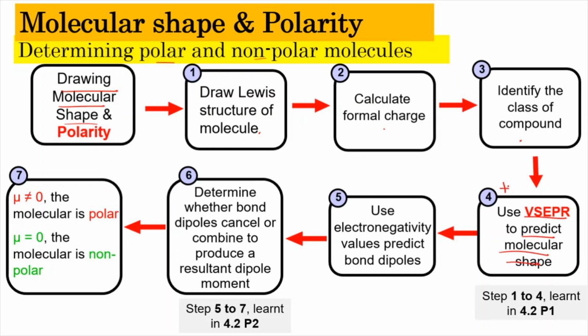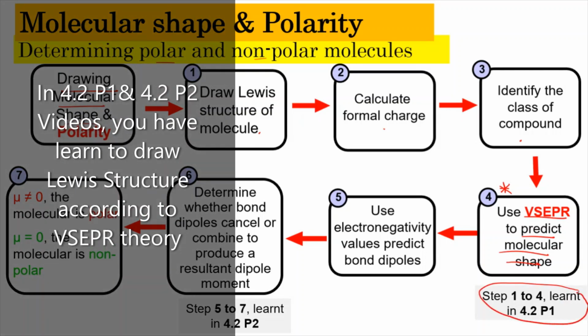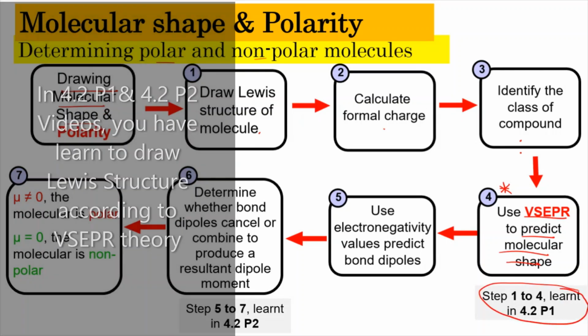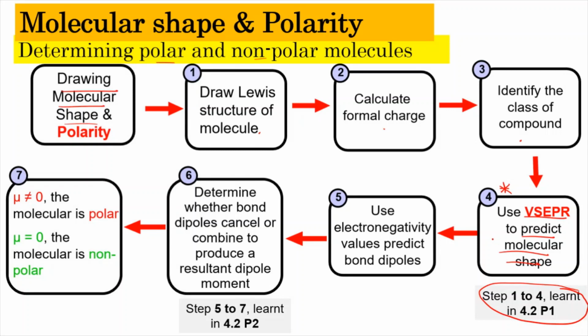So this is important. Step number 1 until step number 4, you have learned in the previous part of the video. So you need to be able to do this. And from here, you can use the electronegativity value in order to predict the bond dipole. Is the bond polar or non-polar? Okay.